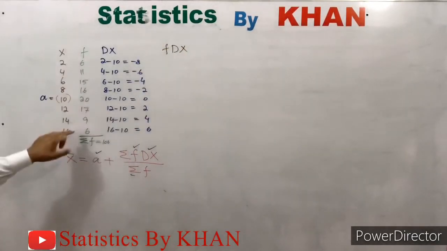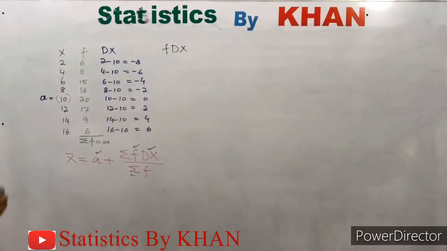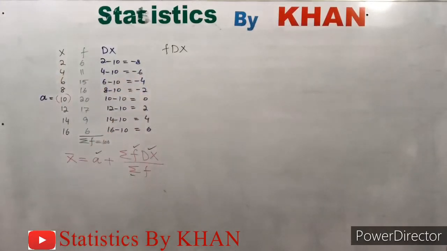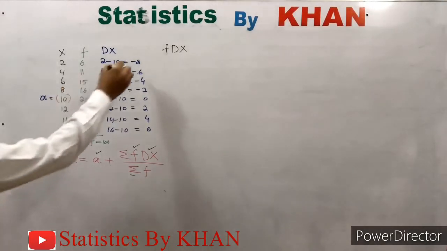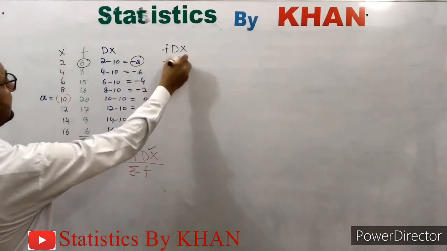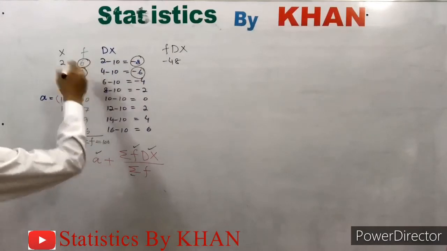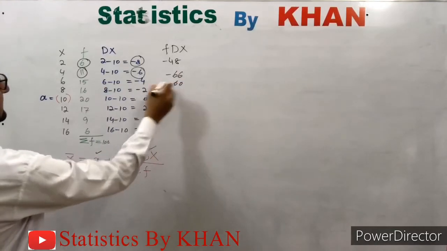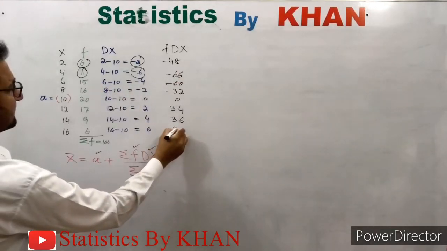We have the f column individually and the dx column individually, but not the product. So we will multiply the corresponding values of these two columns. By multiplication, we multiply this by this, giving minus 48. This by this gives minus 66. Similarly, it gives minus 60, and the last one gives 36.